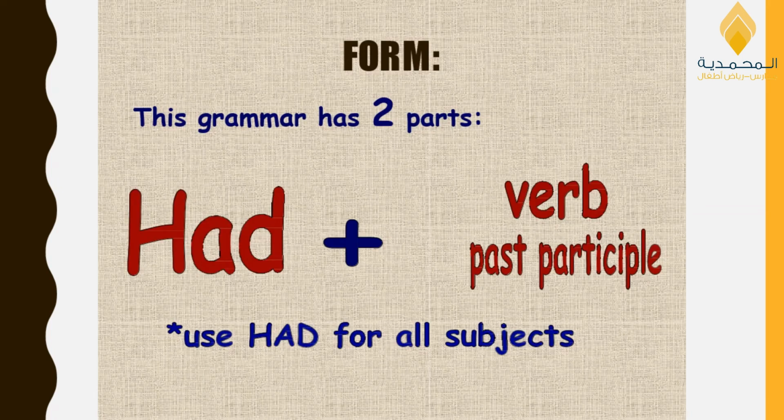How do we form a sentence in the past perfect? This grammar has two parts. The first starts with the helping verb had, because we're talking about the past tense, and had is used for all subjects, whether singular, like he, she, or it, or anything that refers to them, and plural subjects like they, you, we, and anything that refers to them.